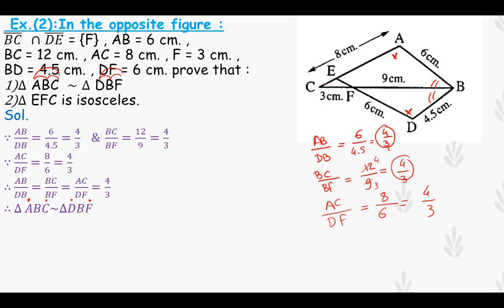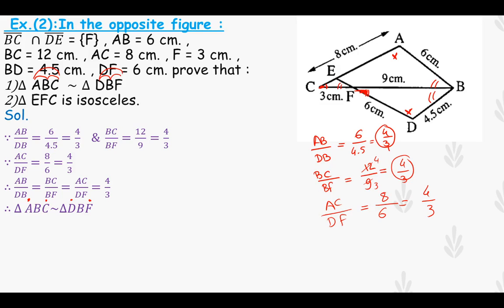So the measure of angle C in the first triangle is equal to the measure of angle F. But we all know that the measure of angle BFD is equal to the measure of angle EFC, vertically opposite angles. Again, here you know that the measure of angle F in the first triangle is equal to the measure of angle C in the second triangle.